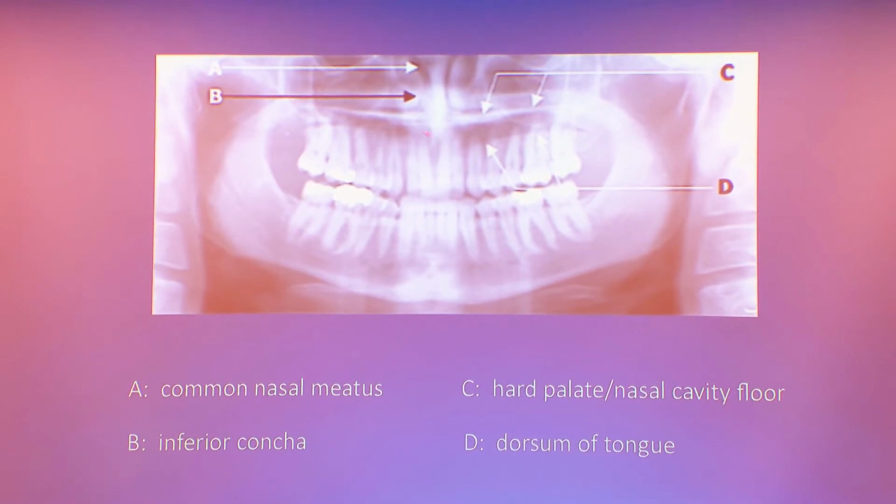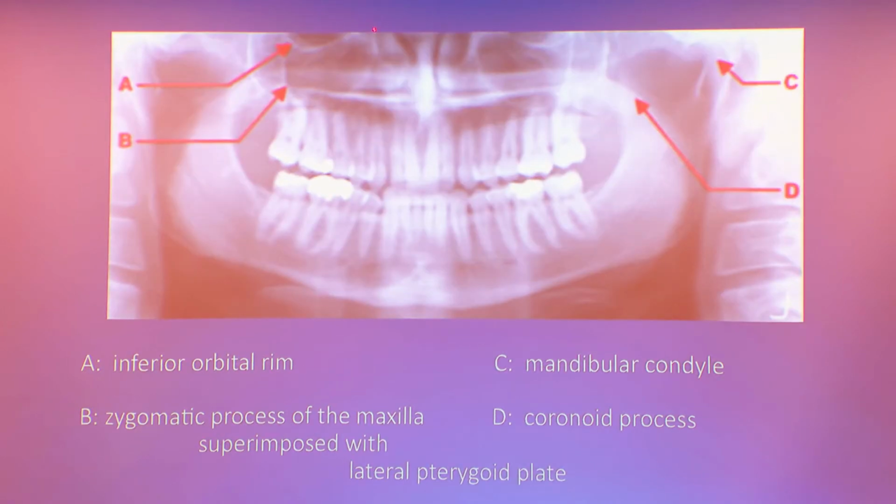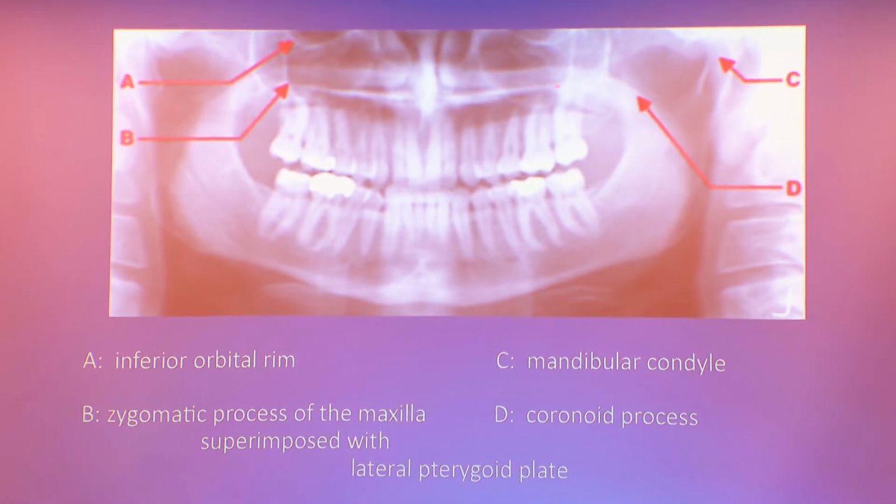Dorsum of the tongue, which you all would recognize now, is right here. And the lucency is the airspace above the tongue, below the palate. Inferior orbital rim, and again, this is all in your handout, so you can use it as reference.